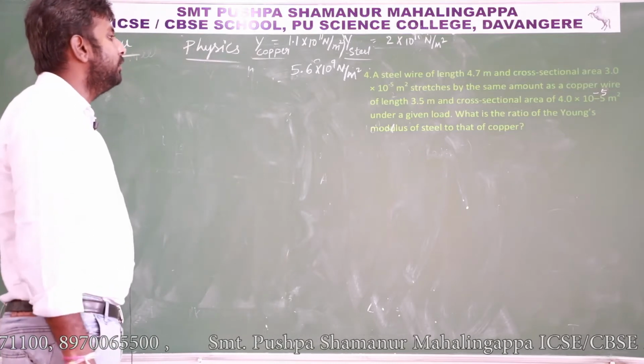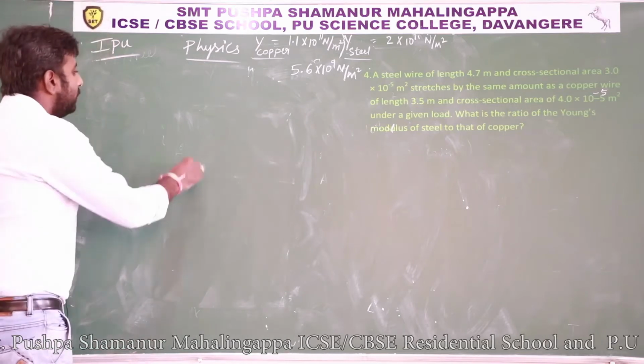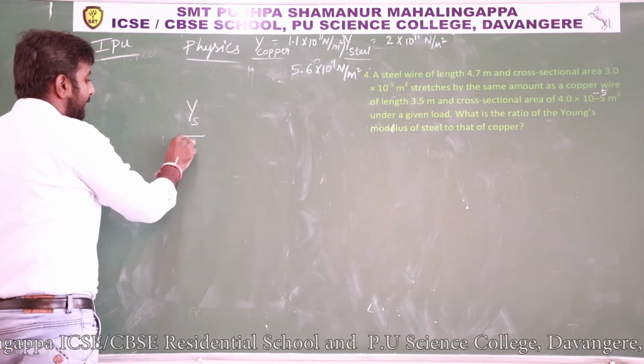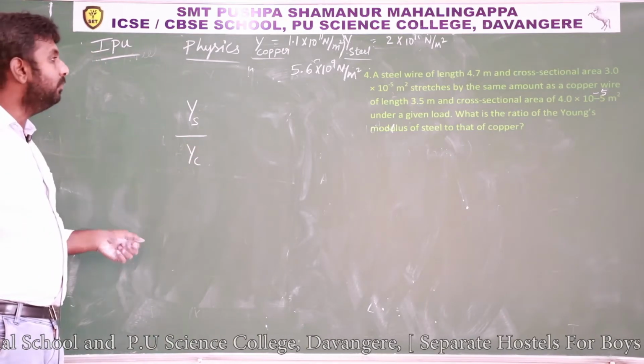What is the ratio of Young's modulus of steel to copper? So directly I will write the ratio of Young's modulus of steel Ys divided by Yc. This value we have to find.